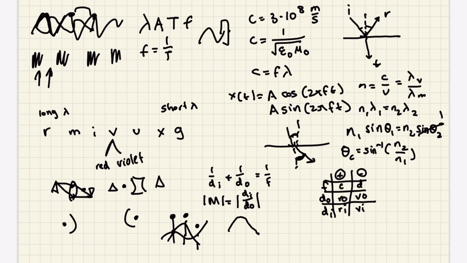So it's going to be something like that. On the other hand, if it's destructive, or if it's half a wavelength between each wave, it's going to be destructive interference. And so if it looks like that, as you can see, at each point, these both are opposites. And so it's going to just be flat over here. That's total destructive interference. And the reason why this is important is because you can use what's called a diffraction grating.